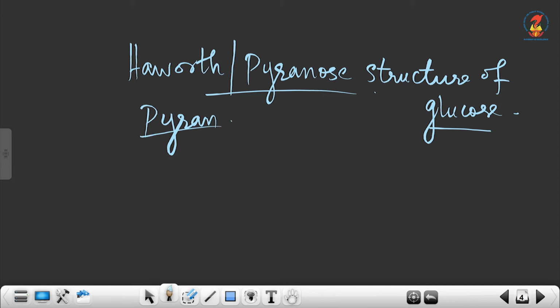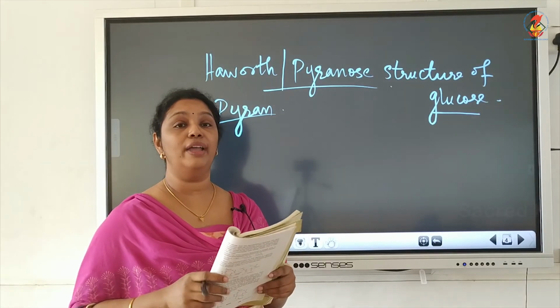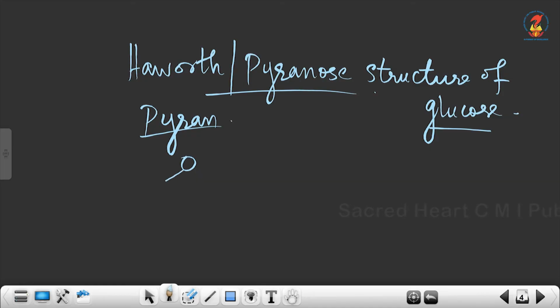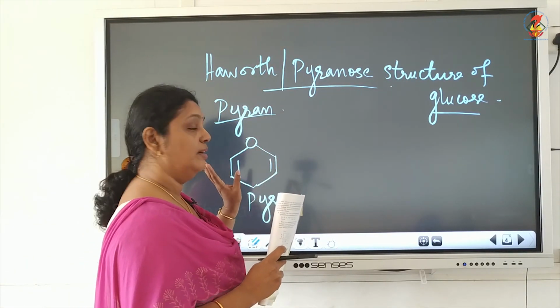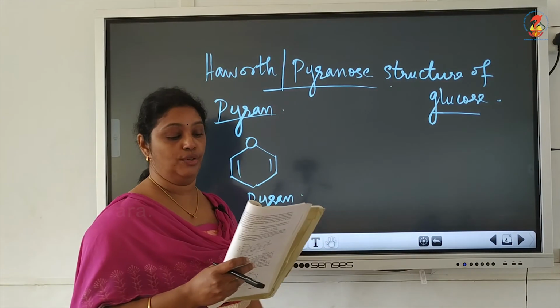Now, pyran is a cyclic compound with one oxygen atom and 5 carbon atoms in the ring. And the structure of pyran is oxygen, this is the compound pyran. Now we can draw the pyranose structure, or the cyclic structure of glucose can be drawn in this form, and this is also called the Haworth structure of glucose.